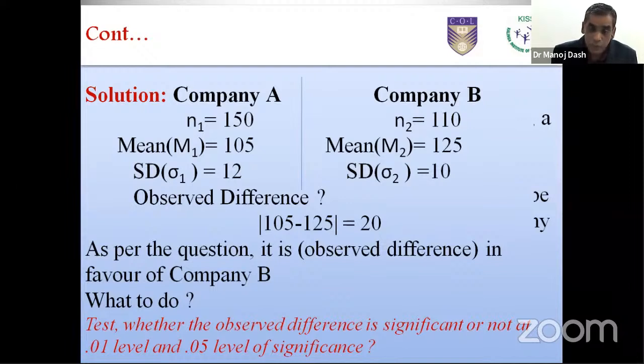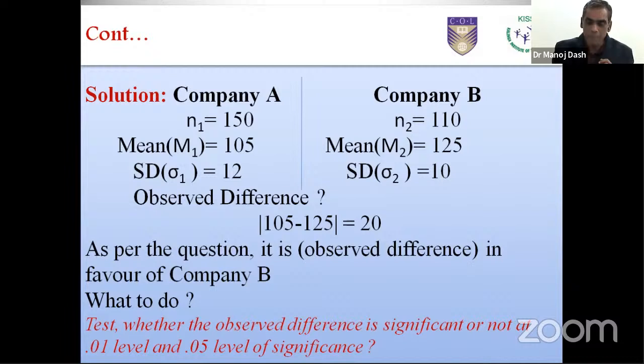We want to see whether the observed difference which is visible is a significant difference or not. If it is significant, at what level is it significant? With what level of confidence can we say that the difference is significant? And this significant difference is in favor of company B. If not significant, what can we say? Why is it not significant? That judgment, that decision, is to be made based on the statistical calculation.